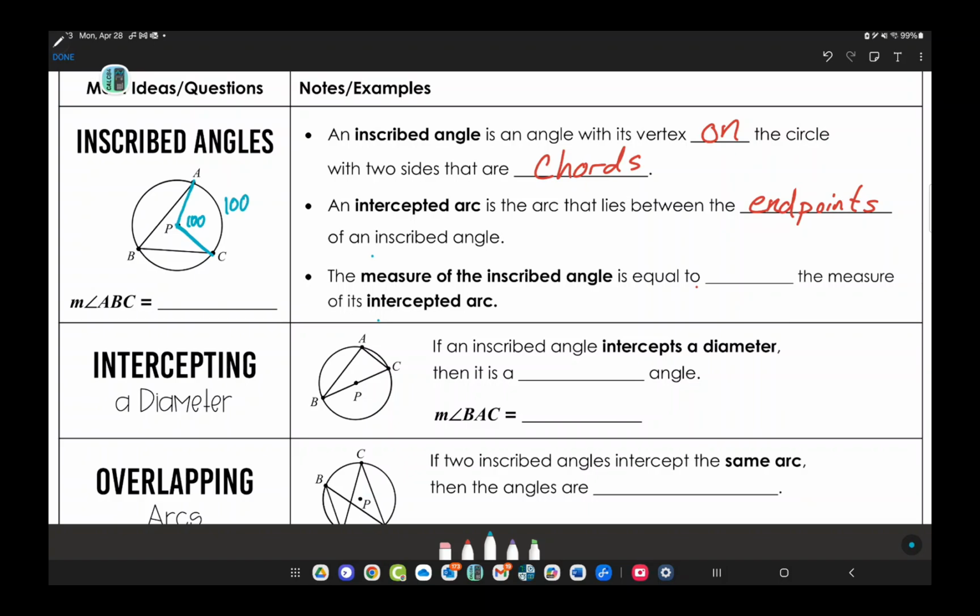The measure of an inscribed angle is equal to 1/2 the measure of the intercepted arc. So that would mean this would be 50, which is equal to 1/2 the measure of AC. So if you double the distance, you halve the angle.